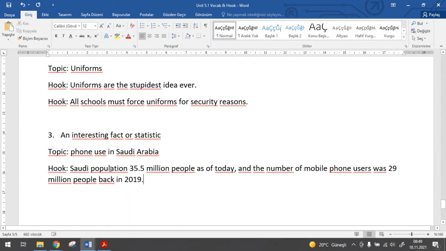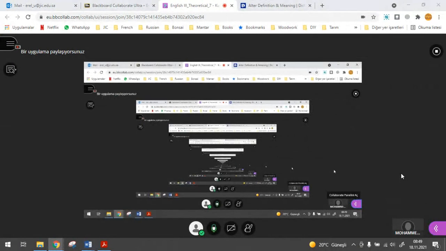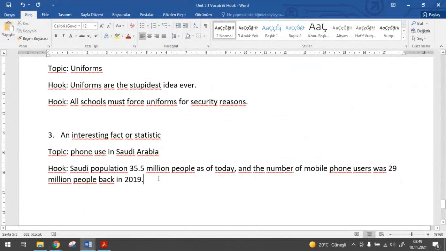These numbers, I think these are interesting. The population today, this is today's population of Saudi Arabia, 35.5 million. But in 2019, about 2 years ago, the number of mobile phone users was 29 million. A lot of people. Right?